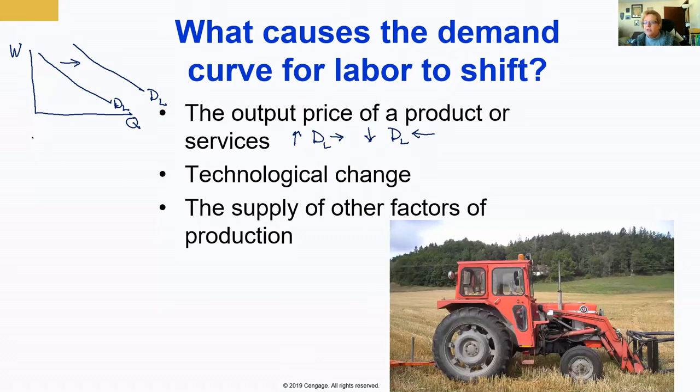But it's difficult many times to think about a job where you're not going to have some kind of computer interaction. Technological change can be beneficial or it can be detrimental.